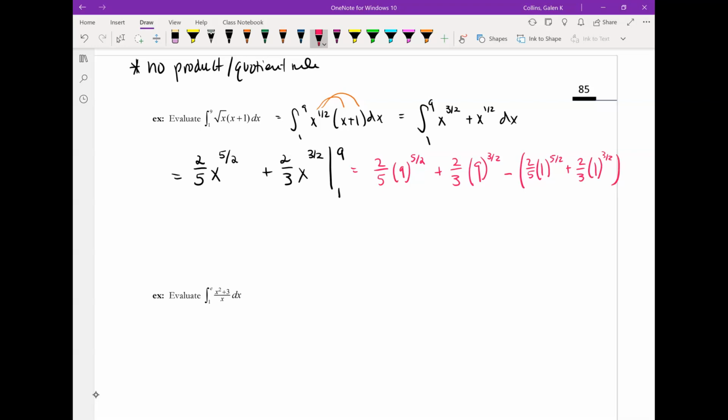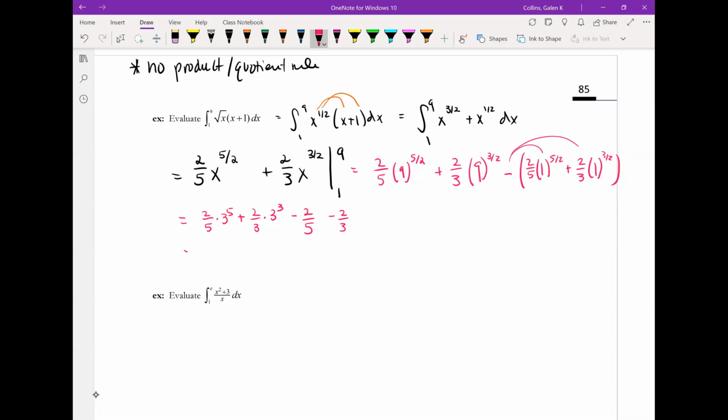Okay, so 9 to the 5/2 power is 3 to the 5th, right? Because we could take the square root. So 2/5 times 3 to the 5th plus 2/3 times 3 cubed minus 2/5 times 1 to the 5/2 power is just 2/5. And then I'm going to distribute that subtraction and drop the parentheses, so minus 2/3, since 1 to the 3/2 power is just 1.